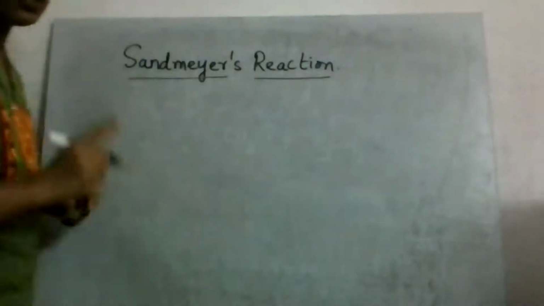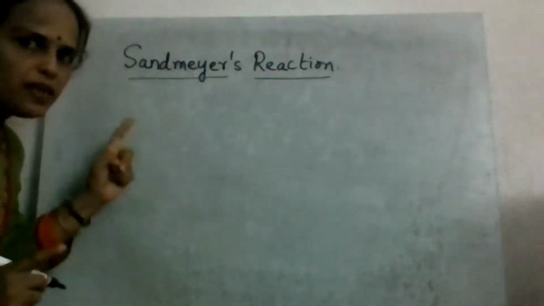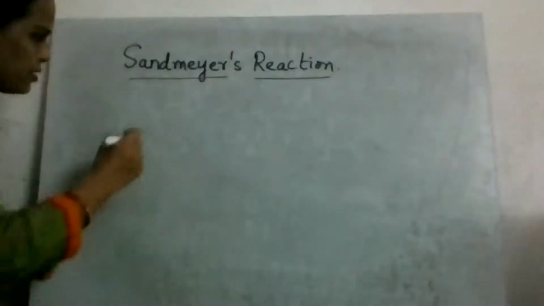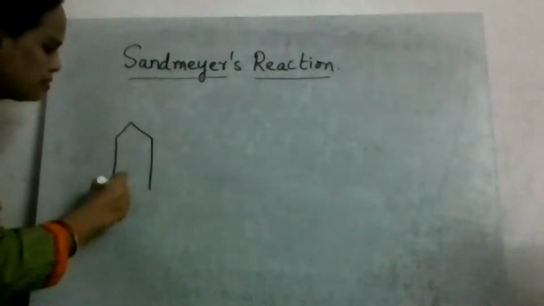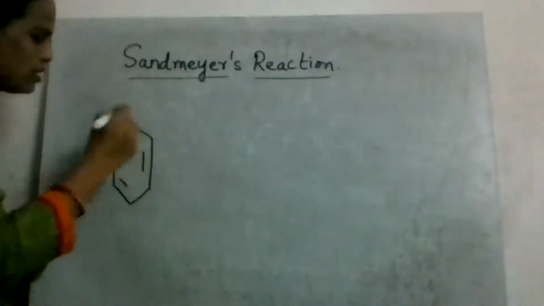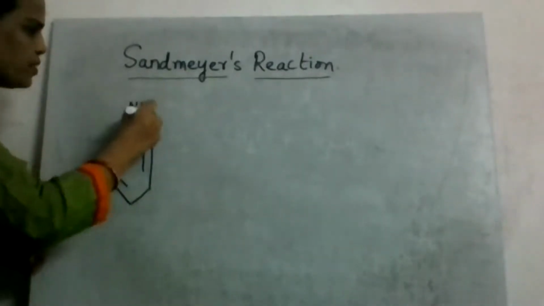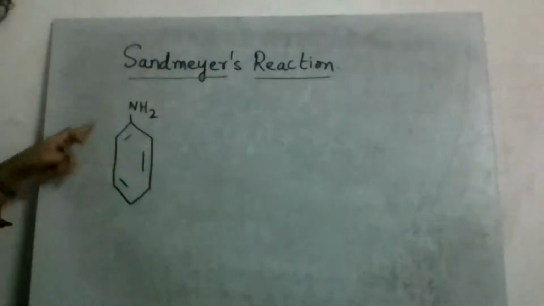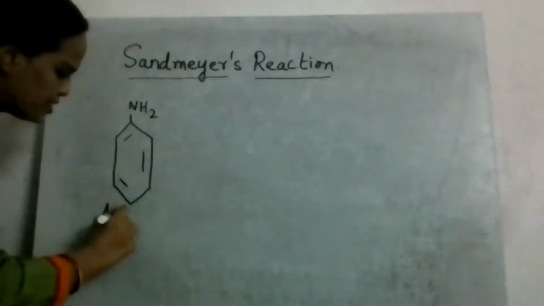Sandmeyer's reaction. Now see, I use the term primary aromatic amine. Aromatic means you will have a benzene ring. This is a must, benzene ring. And it is an amine that is present, and that too primary in nature. So primary aromatic amine C6H5NH2 is called aniline.